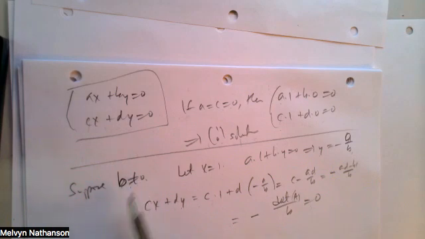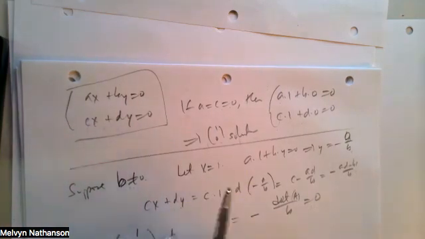So if B is different from 0 and the determinant is 0, then the vector (X, Y) with X equal to 1 and Y equal to minus A over B is a non-zero solution.